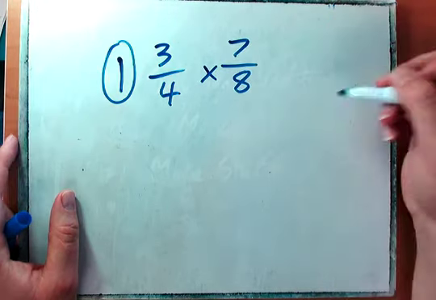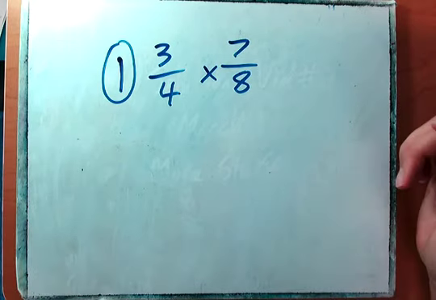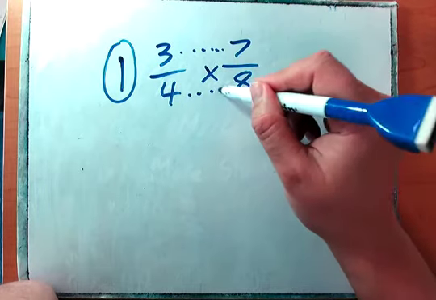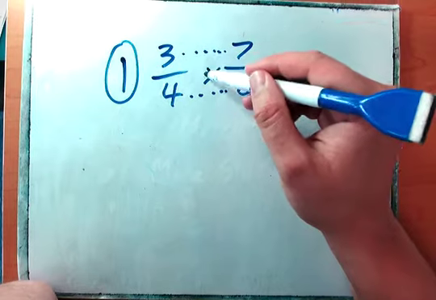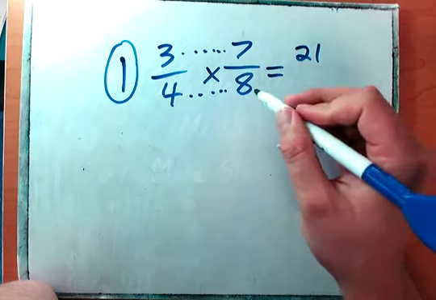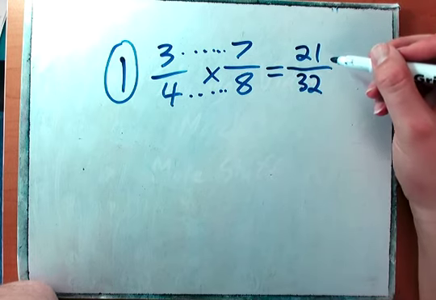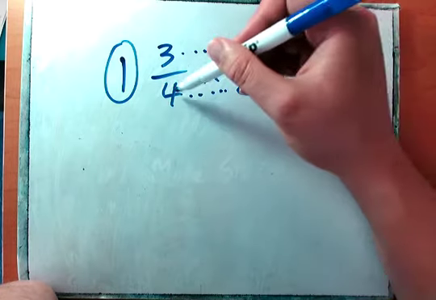I do want to give some different fraction understandings, just so everyone is clear. If you're having trouble with this, know that the tops get multiplied and the bottoms get multiplied, and you keep them separate. So 3 times 7 is 21. 4 times 8 is 32. Make sure that bar is there. The answer is 21 over 32. The tops made this number, the bottoms made this number.